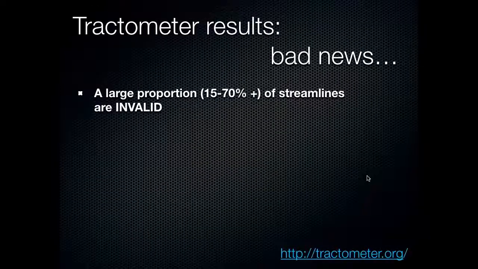And not wanting to be pessimistic, but the news is not so great for tractography. This is probably one of the striking, or discouraging, results: a lot of the streamlines produced by tractography are actually invalid.